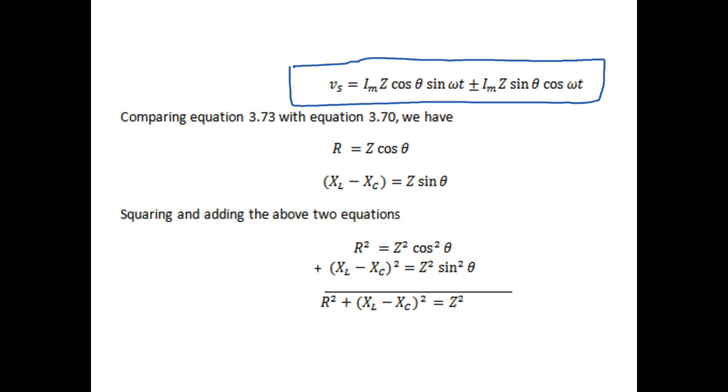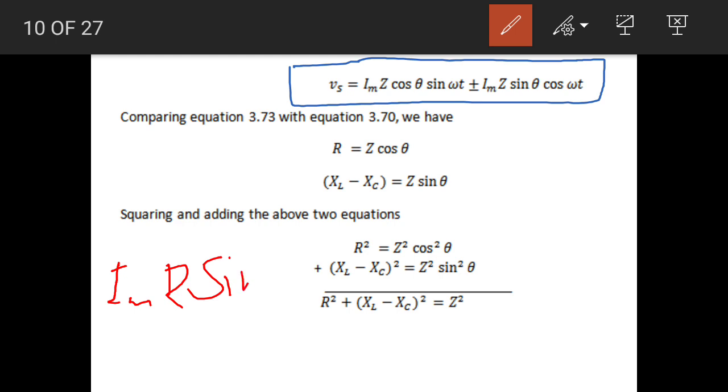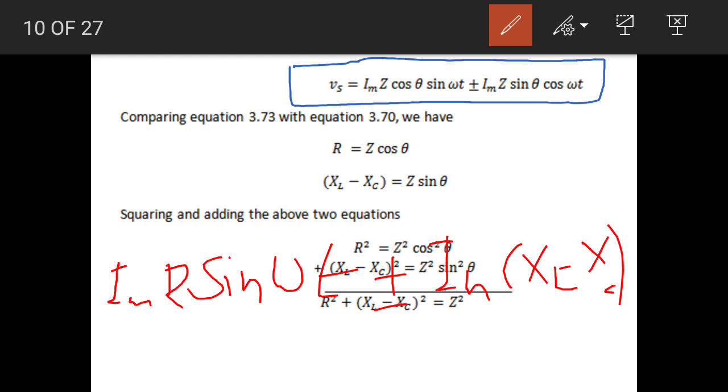So you see, the voltage across the source is also equal to Im R sine omega t plus minus Im XL minus XC cos omega t.